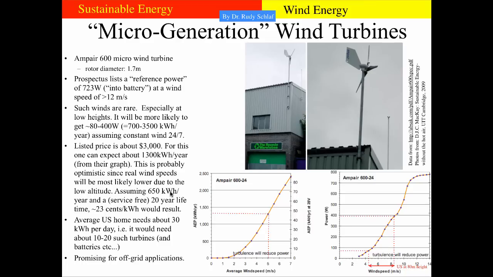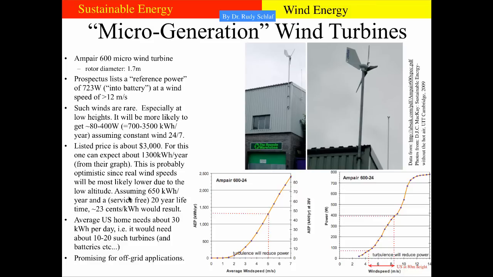and a service-free 20-year life, we can calculate based on the $3,000 that each kilowatt hour would be 23 cents. That is about twice as much as what you would pay to the local power plant.